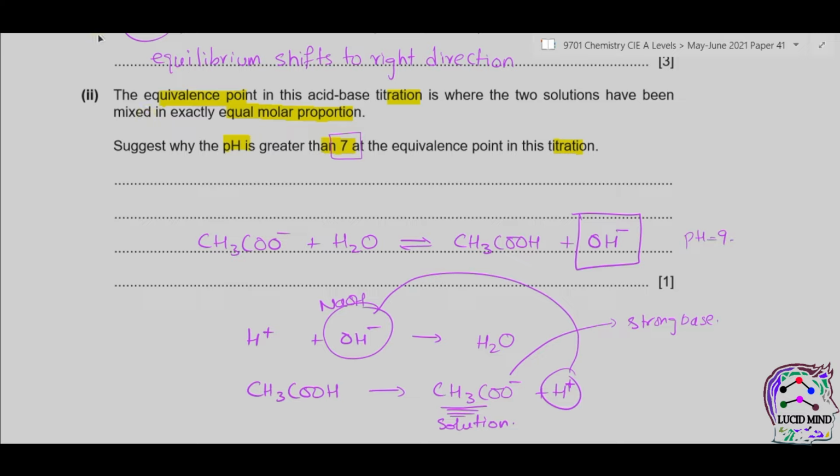So we can say that CH3COO negative is a relatively strong base and is still present at the equivalence point.